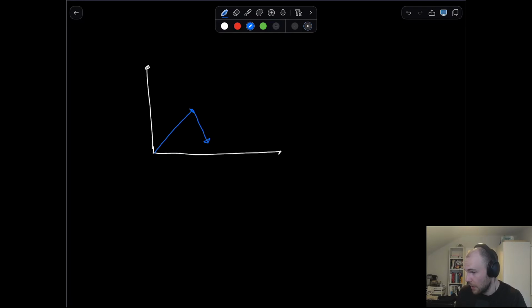Now, there is no way I can get back to the origin without adding vectors that are dependent on these two. I can't just go back to here. I can't scale this guy over there. If I do the opposite of him, he would have just gone there.